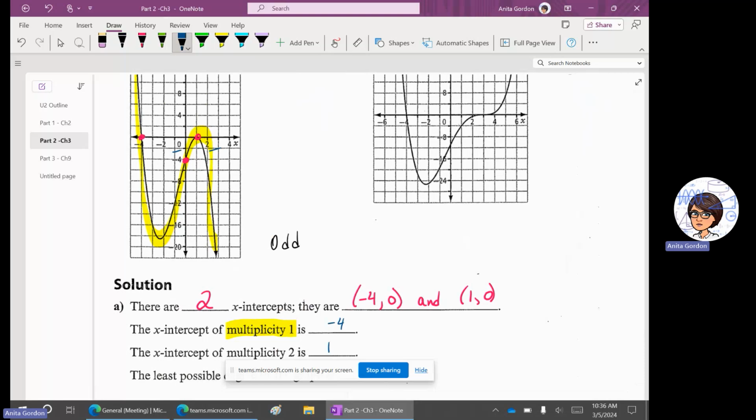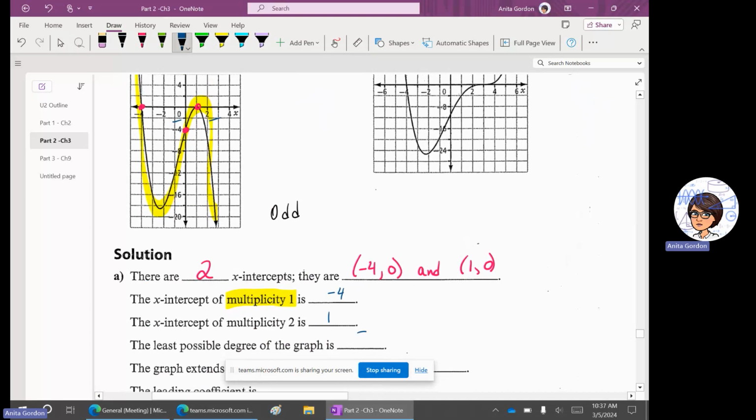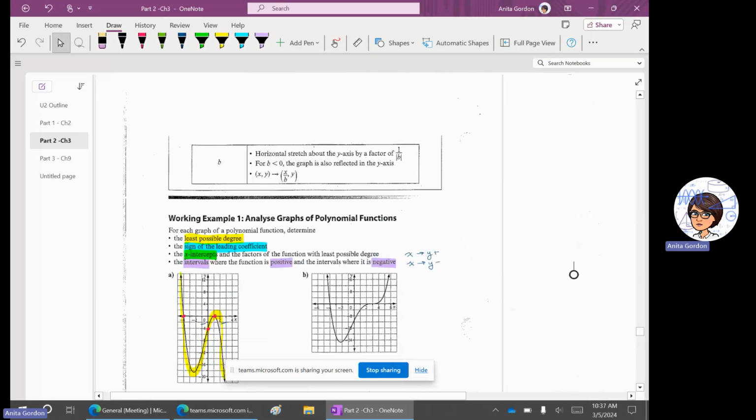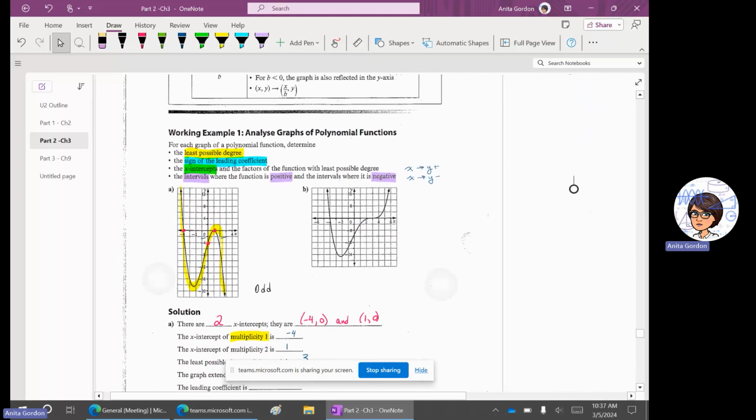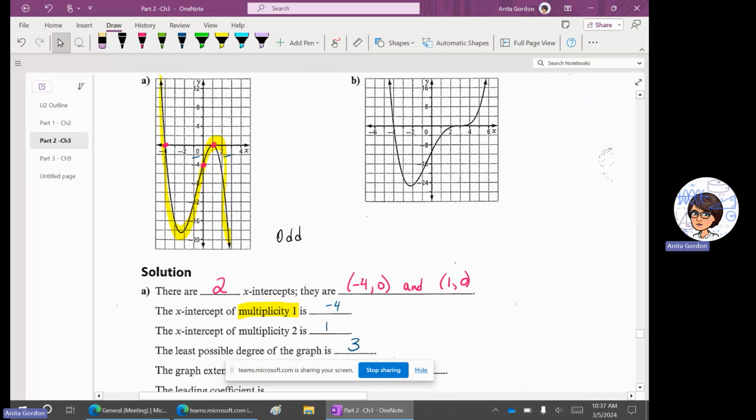So the y values are negative on both sides of that x-intercept. The least possible degree, this looks like a cubic to me. It cannot be linear because it's not a line, and it cannot be quadratic because it's not a parabola. It must be odd, so that leaves me with the least possible degree is 3.